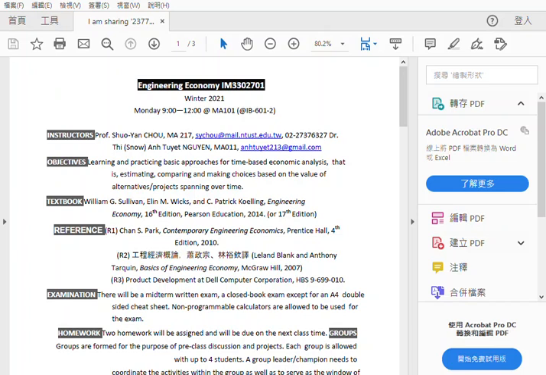So our objective is helping you to do this so-called time-based economic analysis. The critical point is that the value of money will be different at different times, and we should be able to estimate, to compare, and to make decisions or make choices based on those values.